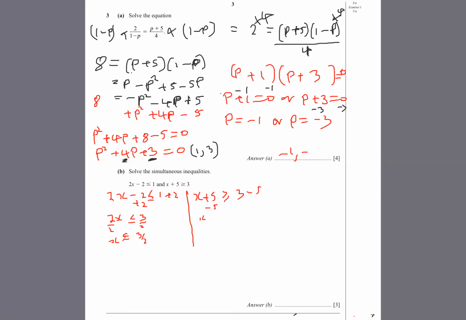This means that x is greater or equal to minus 2, because 3 minus 5 gives us minus 2. If we were solving an equation, here would be done and we'd be happy. But since we are solving inequalities, we have to go an extra step.